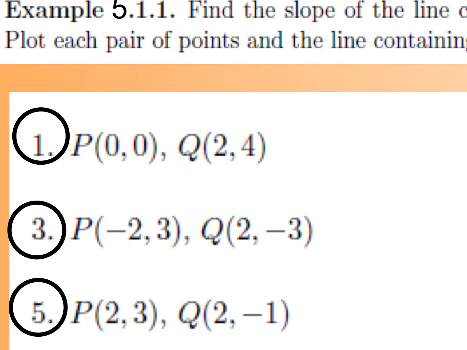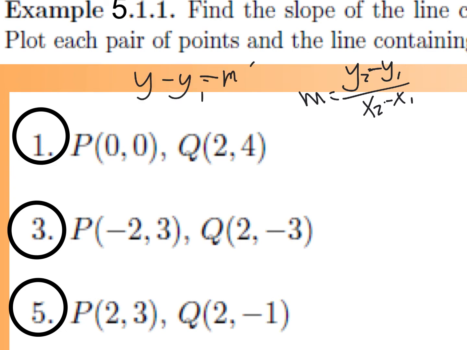Then there's 3 equations I'm going to write off to the side. y2 minus y1 over x2 minus x1. What's that one? Come on, what's that one? Slope. y minus y1 equals m times x minus x1.